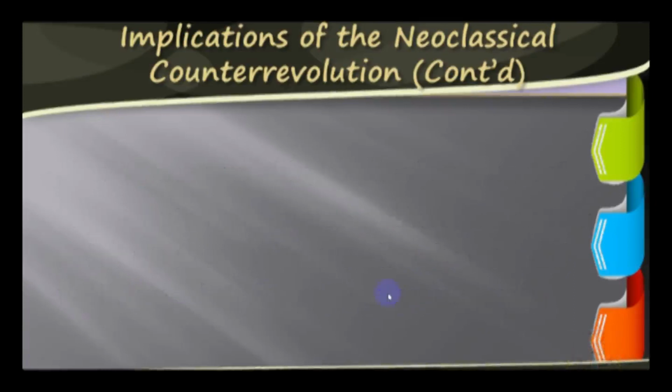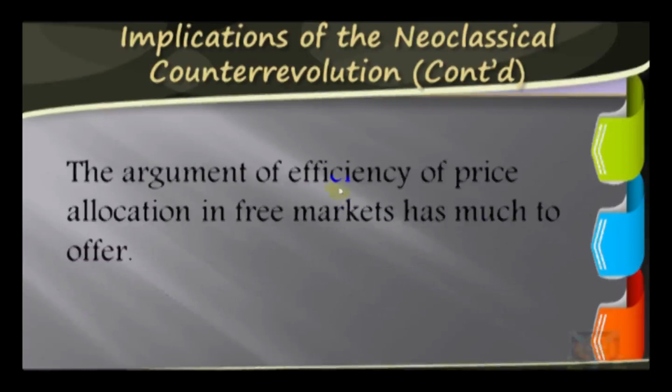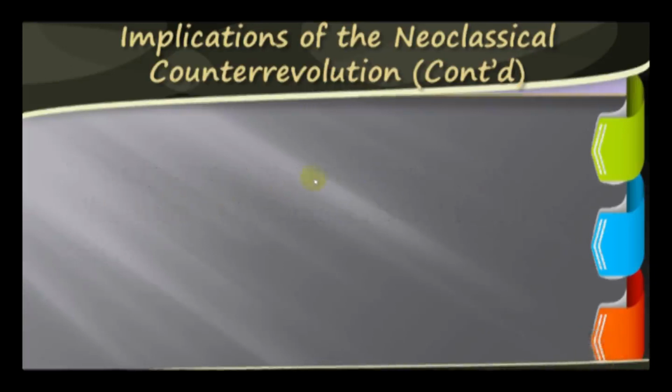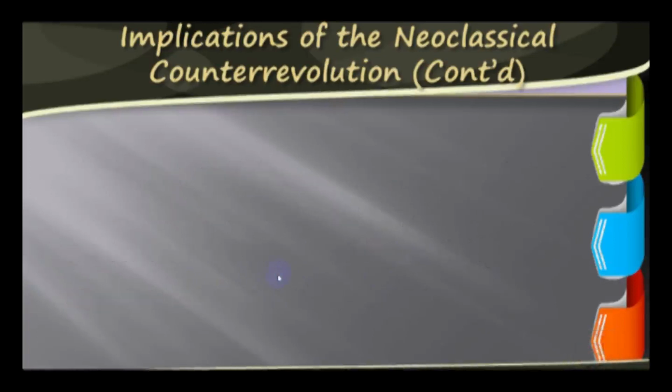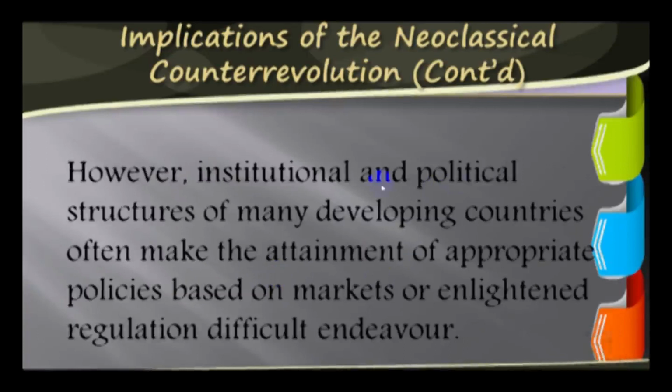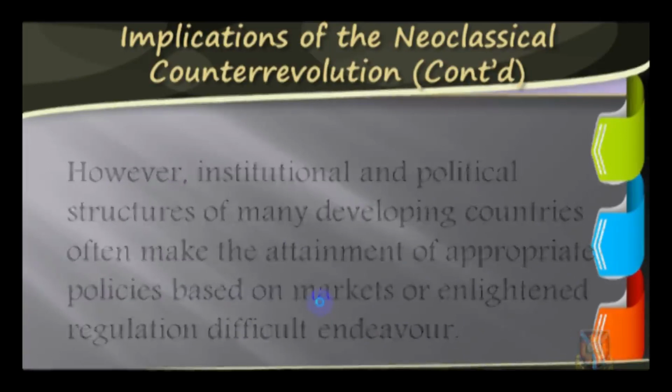The argument of efficiency of price allocation in free markets has much to offer. Similarly, enlightened governments can also make effective use of prices as incentives for influencing socially optimal resource allocation. However, institutional and political structures of many developing countries often make the attainment of appropriate policies based on market or enlightened regulation a difficult endeavor.